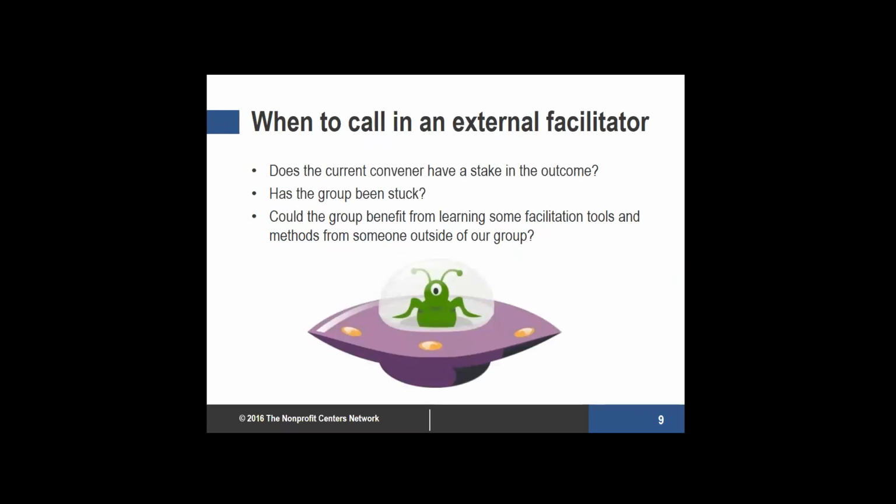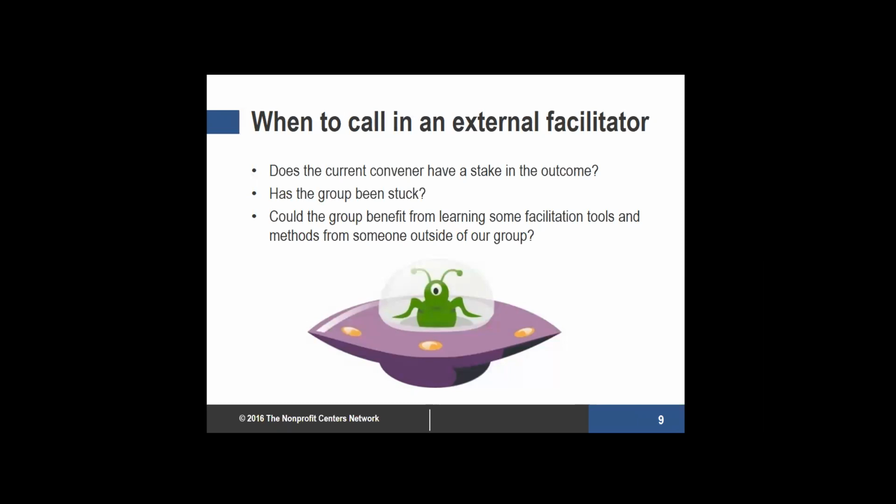So one of the first pieces we do with a Collaboration Launchpad is that we are coming in as an external facilitator. And I believe this is a really important piece to working with a network, especially one that's in its nascent stages or one that's kind of gone stale, that's existed for a long time and might be drifting in direction. It's important to use an external facilitator if your current convener has a stake in the outcome, if they are an interested party.